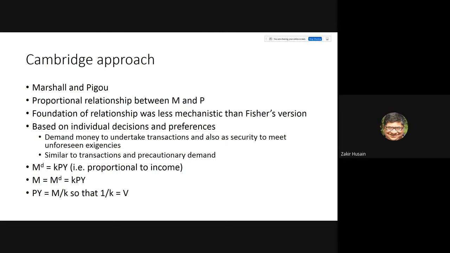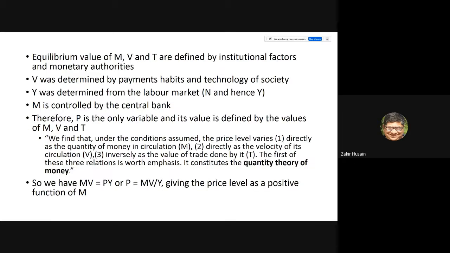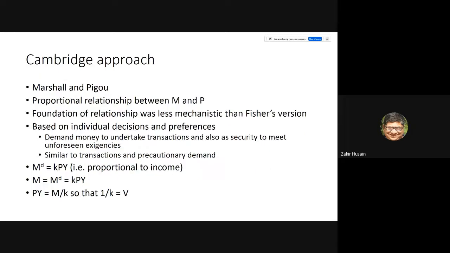But the foundation of the relationship was less mechanistic. Fisher just showed mathematically that you have P equal to MV by Y, so if V divided by Y is constant, P is directly proportional to M. There's no economic intuition behind this relationship.